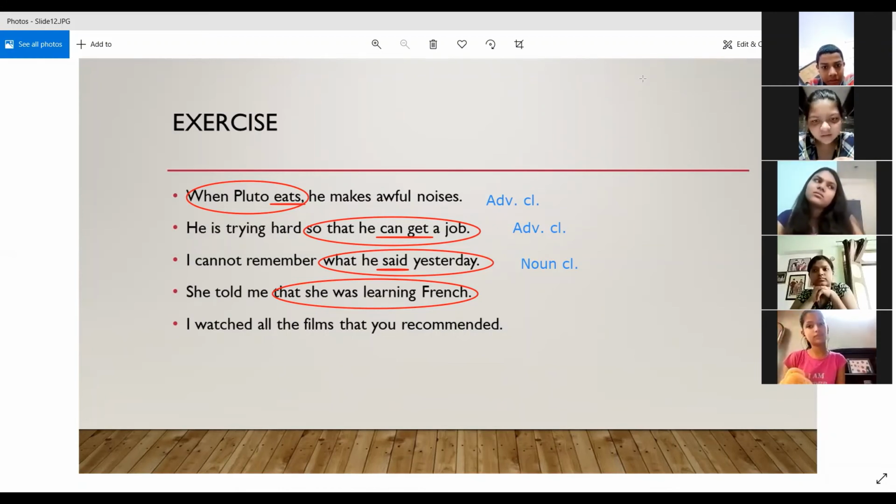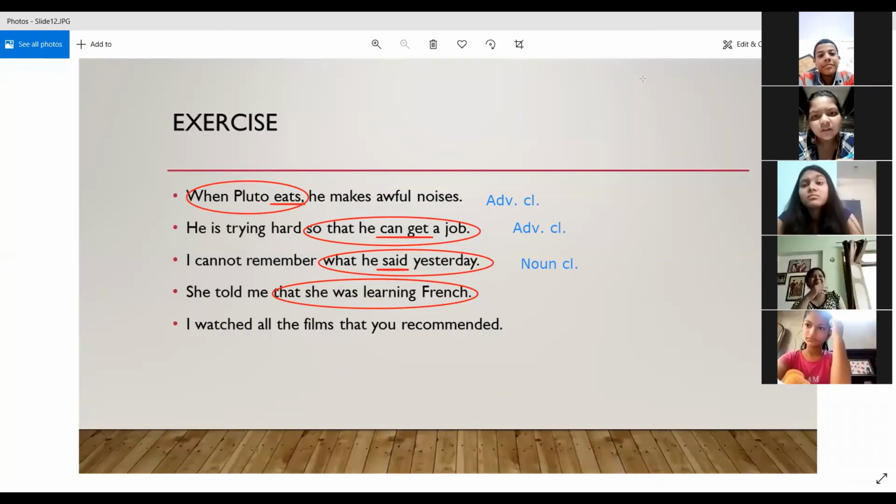Now tell me what is the verb, because then only it will be a clause, otherwise it will be a phrase. Sir, was. Only was? Was and French. French, no. French is a language. How can language be a verb?